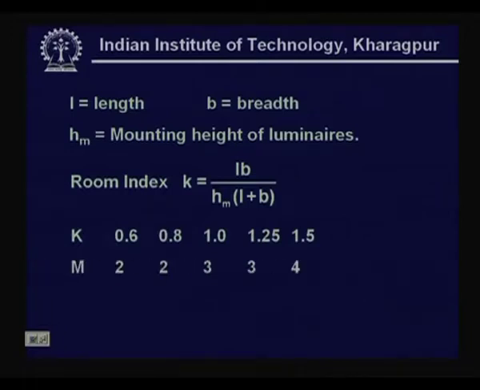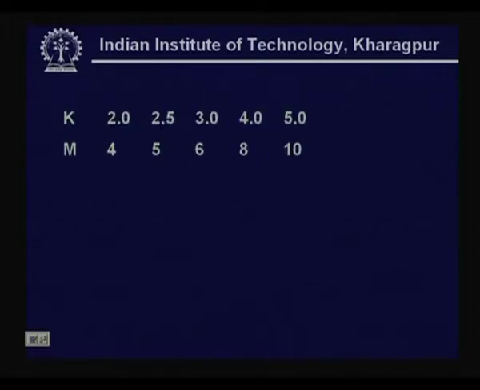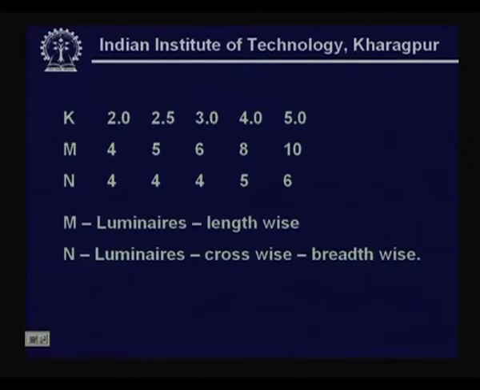Once we have this, we can see in a rectangular arrangement where one could have a certain number of rows and a certain number of columns. It is here we have set M and N, that is lengthwise and breadthwise, where we are going to place the luminaires.